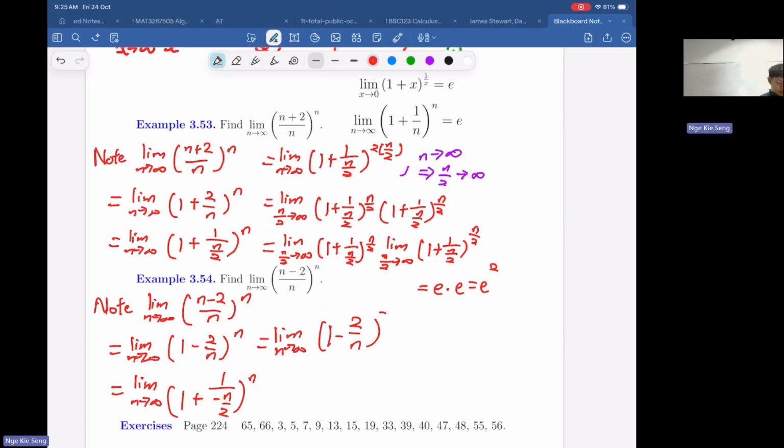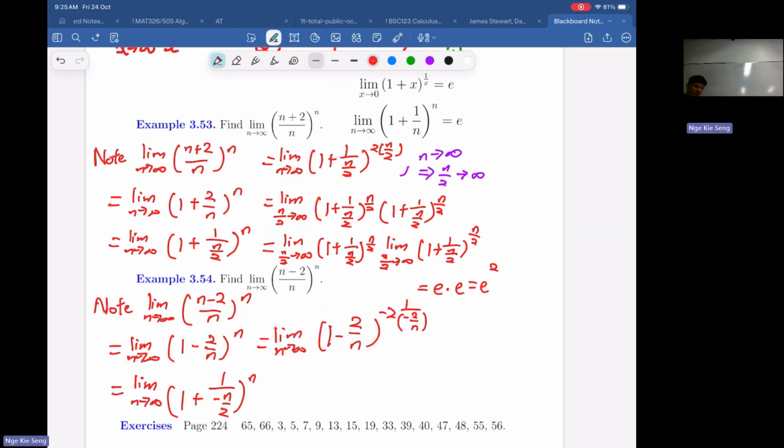So I could put negative 2 over n here. Is this n over this n? Is this power n? Negative n over 2 times negative 2.